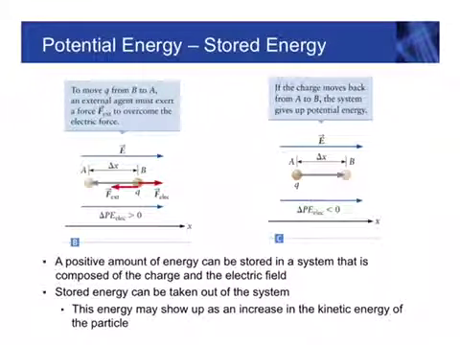In the next example, we have still a positive charge, but we're moving from point B to point A, in the opposite direction. Electric force is directed this way, right? That's over here. But we're moving from B to A. That means we have to apply a force that goes against the electric force.